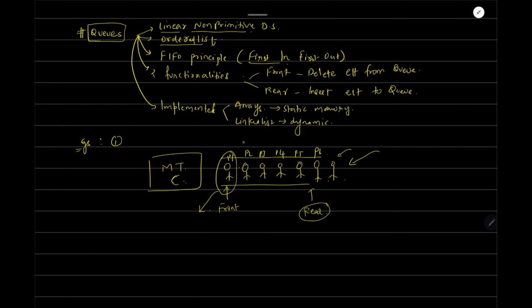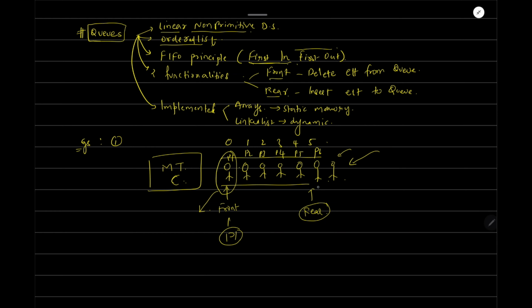In terms of an array, we can say indices 0, 1, 2, 3, 4, 5. The person who entered the queue first is P1. He will be at the front, so he will be the first person out also. So this is front, this is rear.